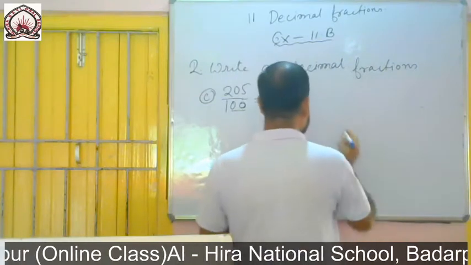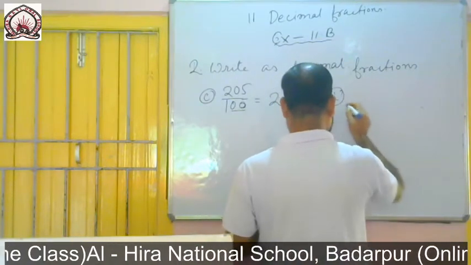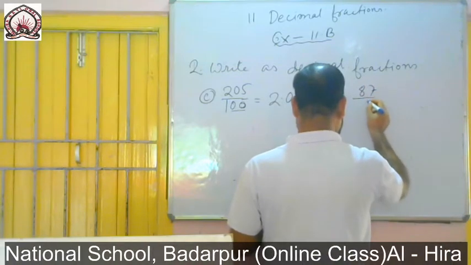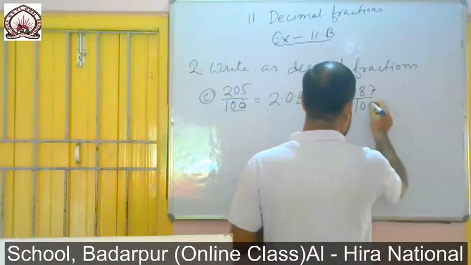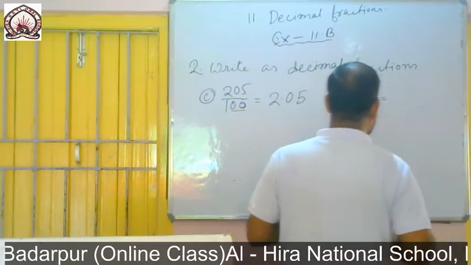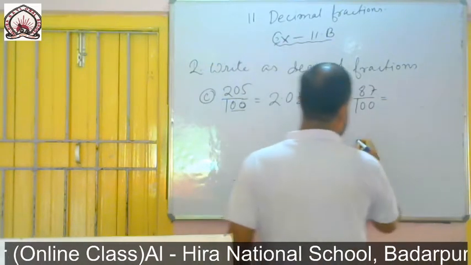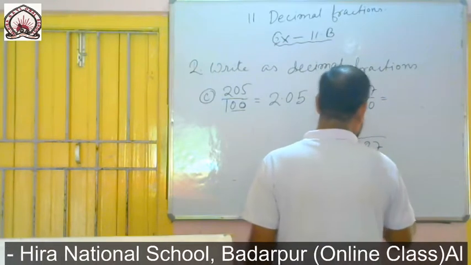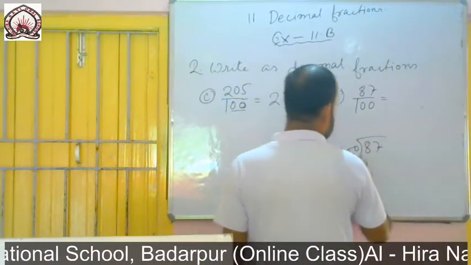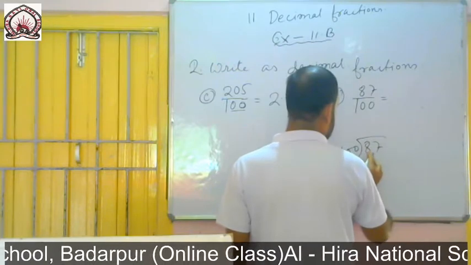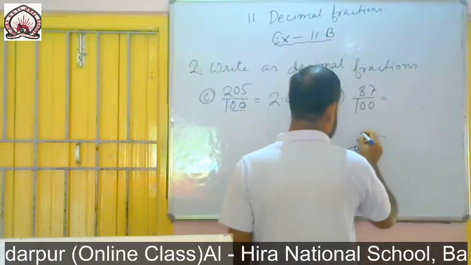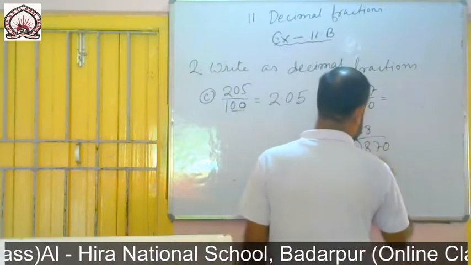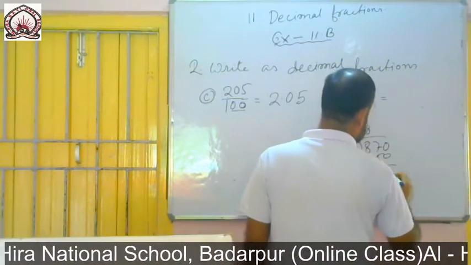Next, question number D: 87 by 100. We divide 87 by 100. 100 cannot go into 87 because 100 is bigger than 87. We give a point and put a 0, then 100 times 8 is 800, remain 70.